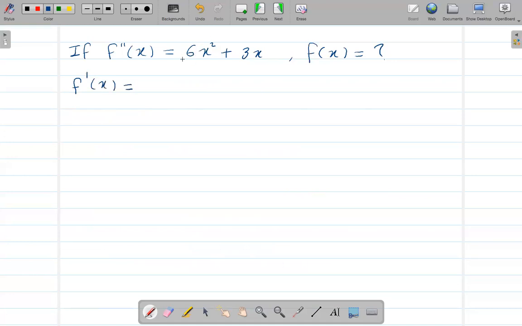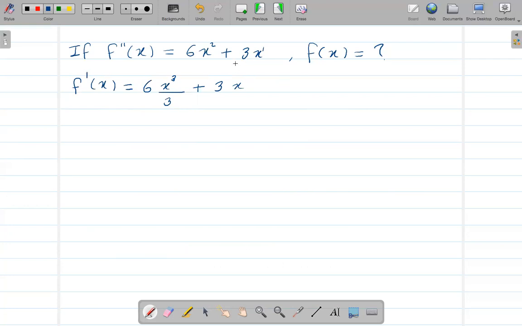So when you take the antiderivative of this one, there is a number multiplied to this, so the number will stay there, and we just take the antiderivative of x squared, which is x to the power 2 plus 1 is 3, divided by 2 plus 1 is 3, right? Plus, again, this will stay there, and the antiderivative of x is x to the power 1.